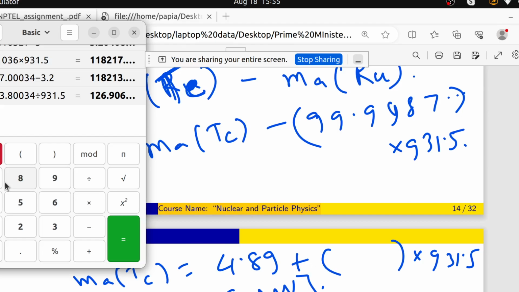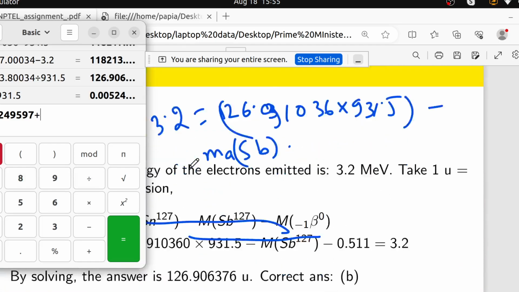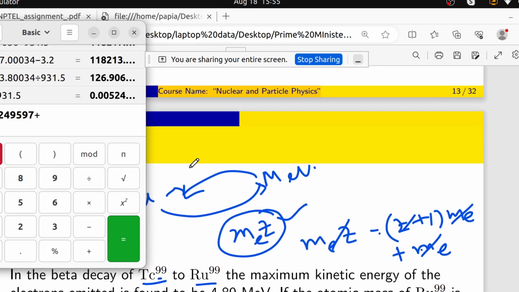4.89 divided by 931.5, plus the atomic mass unit we can directly add, 99 point something 998736. So that is 100.3985.